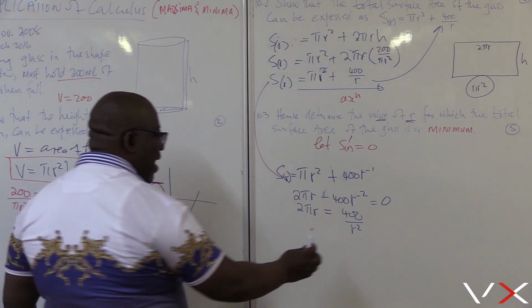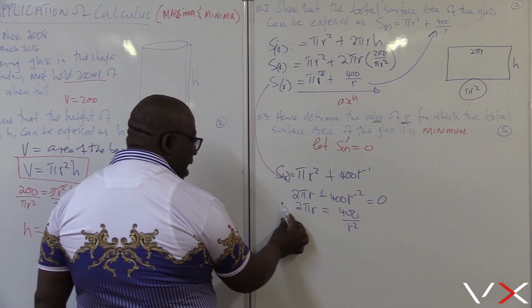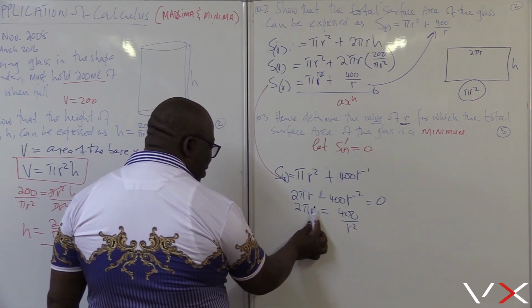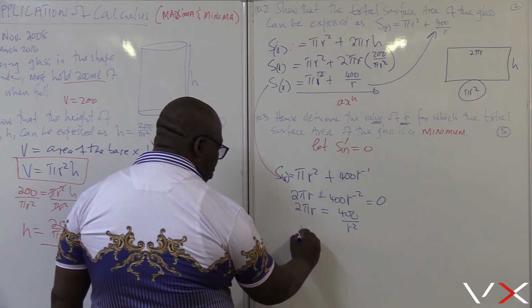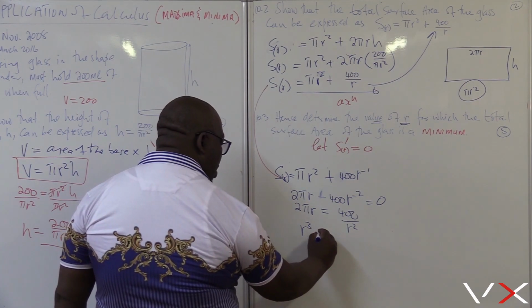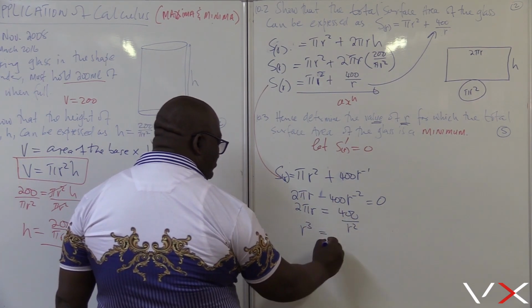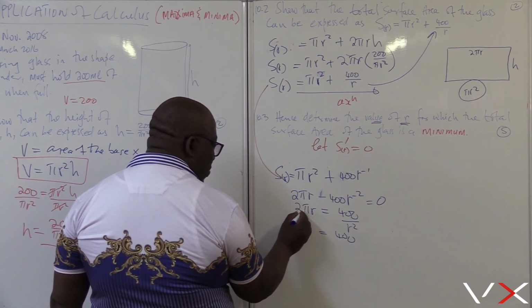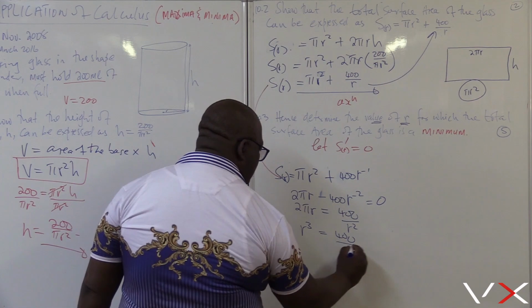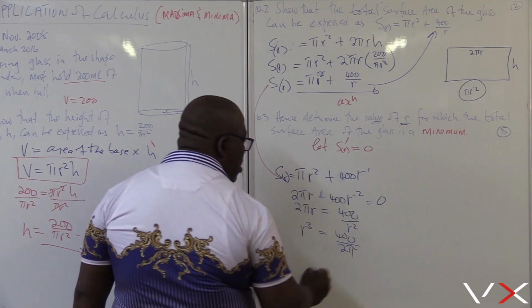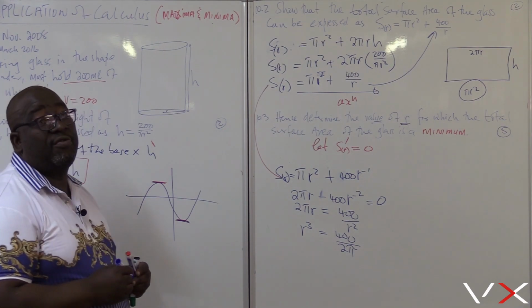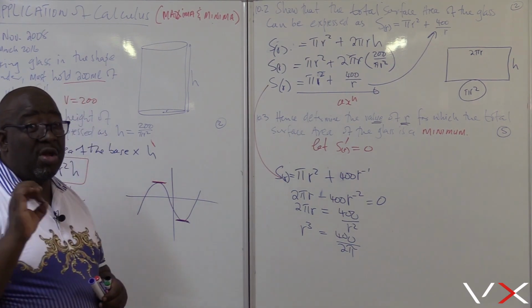I multiply by r squared on this side and on this side, so that this r will go. Multiplying by r squared, I will have r cubed equals 400. I will divide by 2 pi so that I will only be left with r. You can work it out in whatever way you want.